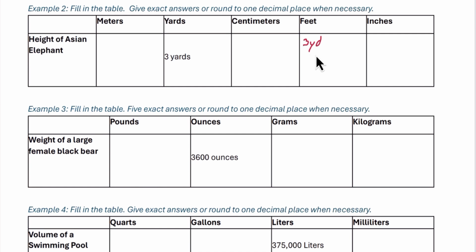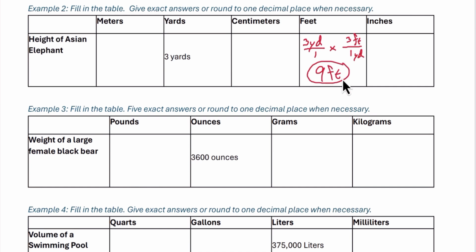We have 3 yards, put that over a 1, and multiply by 1 yard, and in the numerator, 3 feet, because there are 3 feet in 1 yard. Multiplying across, 3 times 3 is 9. We get 9 feet.